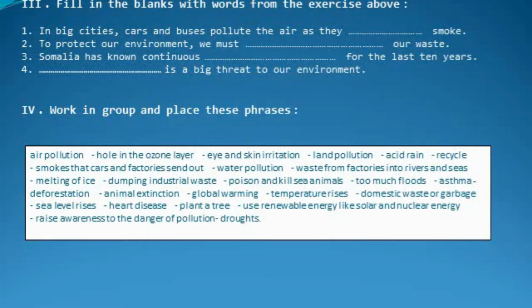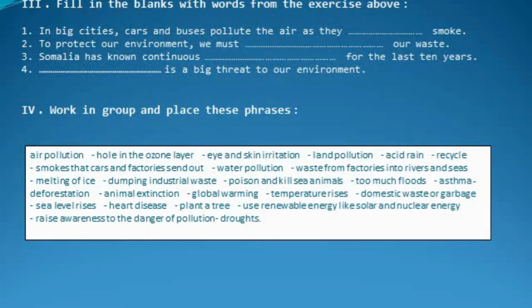Recycle means use it again. Somalia is a country in Africa, has known continuous droughts for the last 10 years. You know, Africa suffers from droughts, the majority of African countries. So droughts. Number four, deforestation is a big threat to our environment.